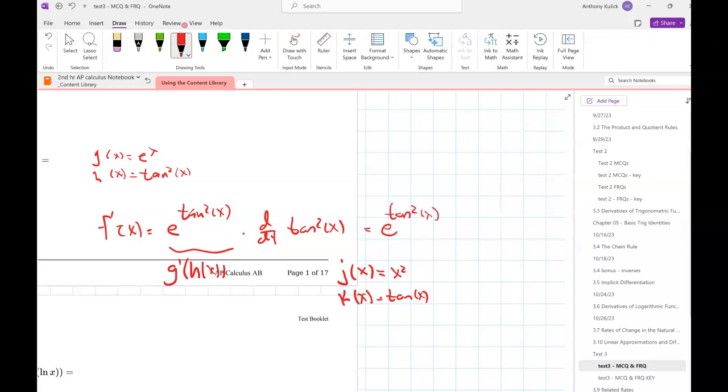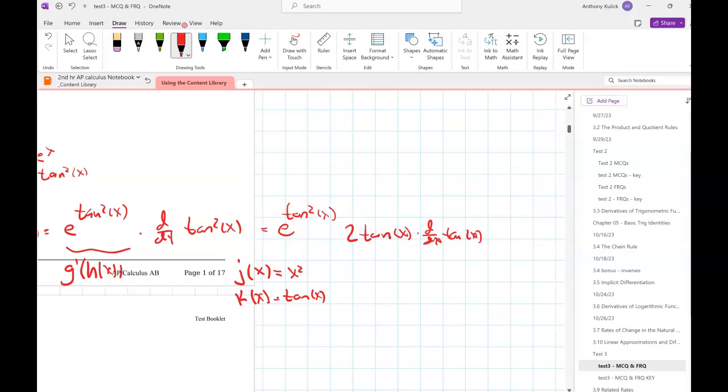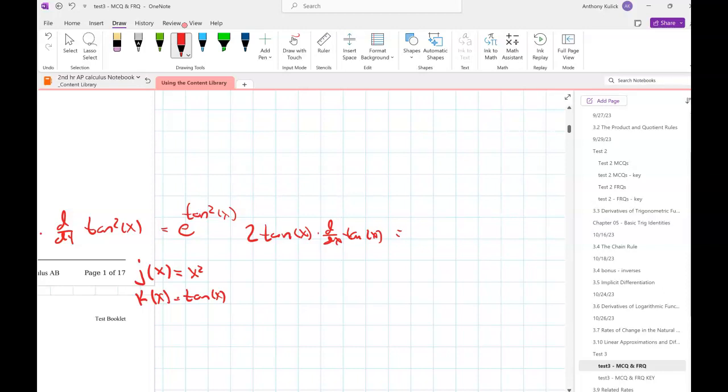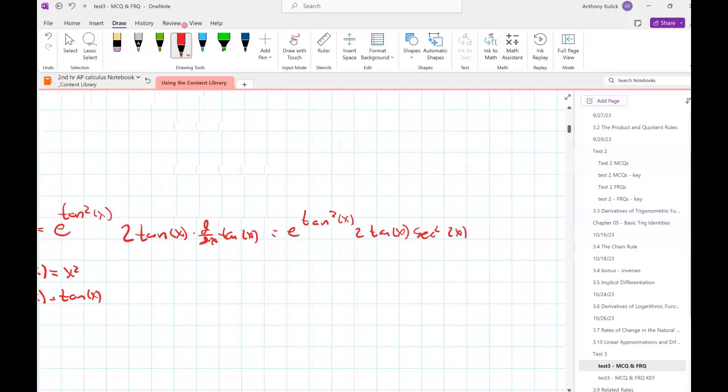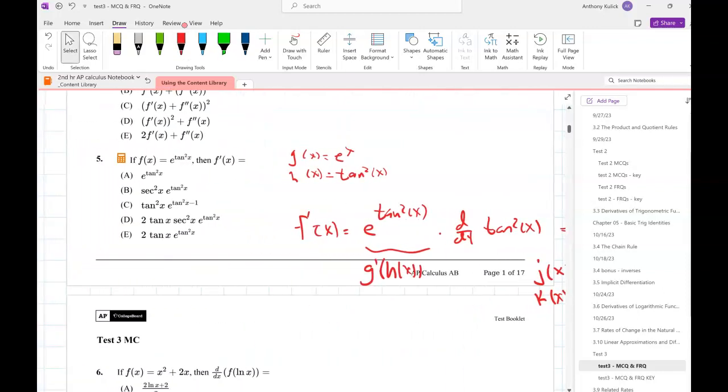So when I do the derivative of tan squared, I'm going to get 2 tan x, and then times the derivative of tan x, and that is secant squared x. And then that's probably as good as we need to do. If I go look at this, yeah, so tans and secants are in my answer. It should be D here, right?